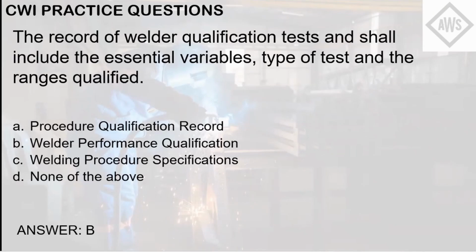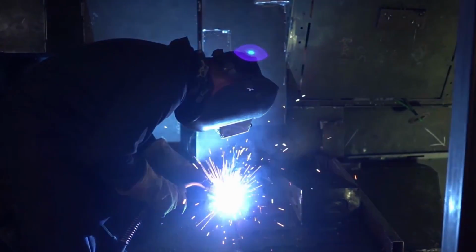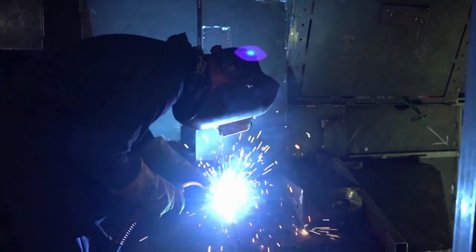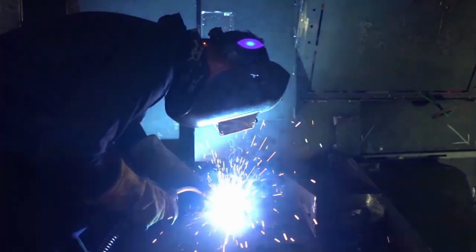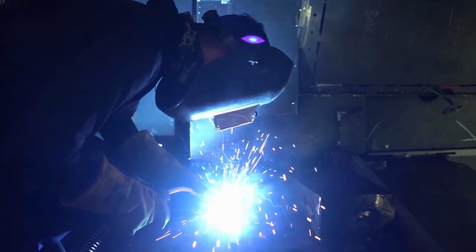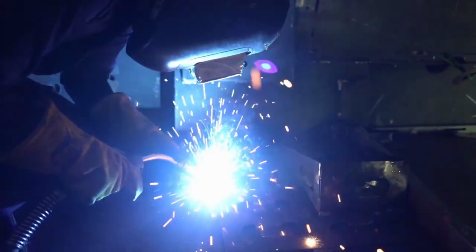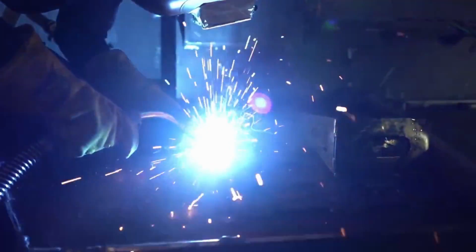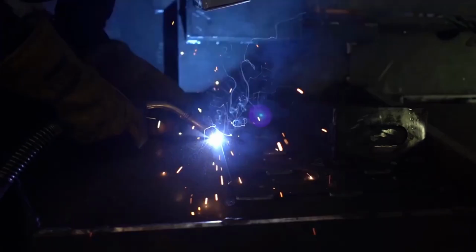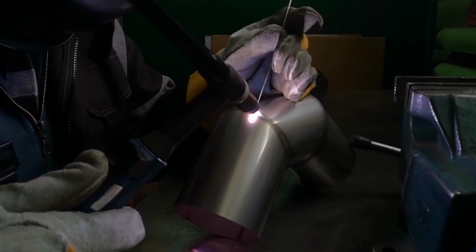Also, the range of the variables qualified and the tests that the welder has done to prove that he is qualified for that welding process. So remember that the welder is being qualified for a specific welding process, not a specific procedure. Because if you qualify the welder for a specific procedure, you can just imagine thousands and thousands of documentation will be needed for that welder to be qualified for that specific procedure.